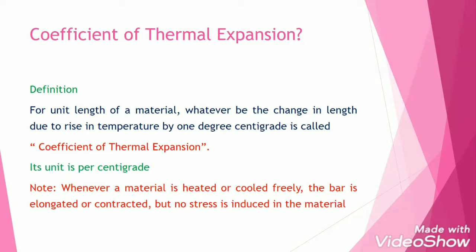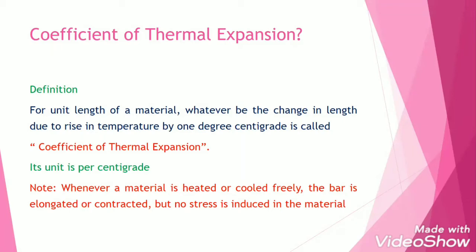So alpha is the change in length of any material of unit length due to a rise in temperature of only 1 degree centigrade. So L is equal to unit, that may be 1 mm, 1 cm, or 1 meter, and the change in temperature dt will be only 1 degree centigrade or 1 degree Kelvin. Its unit is per centigrade.